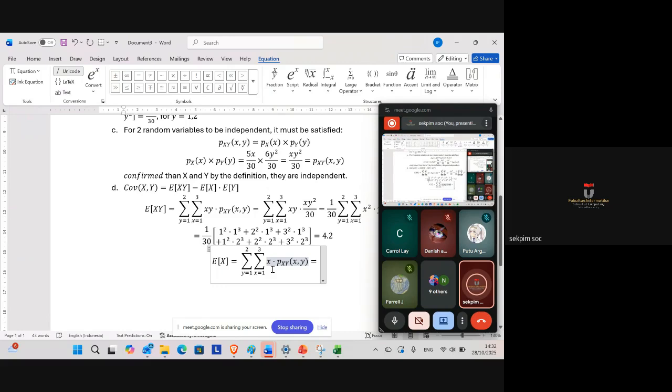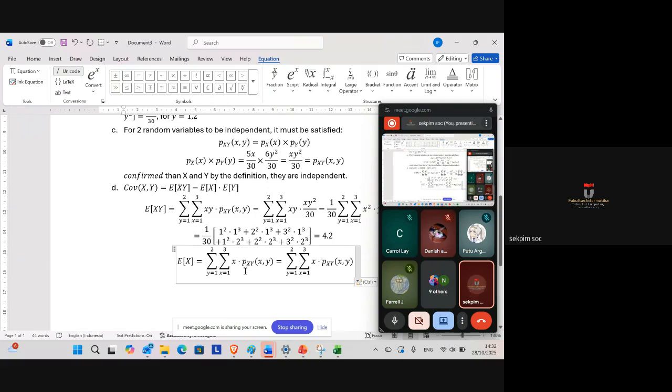But you see here, the sum here can be exchanged, right? So let me exchange this. We don't need to exchange actually. Is it correct? Pxy, right?